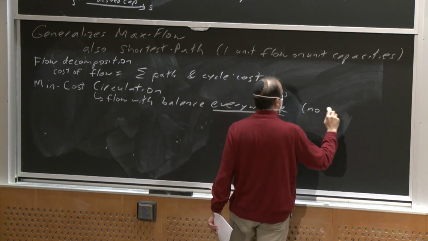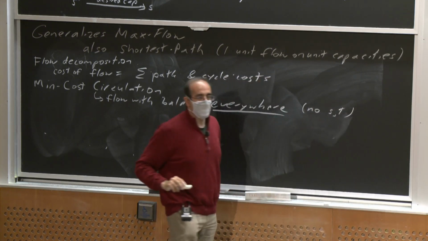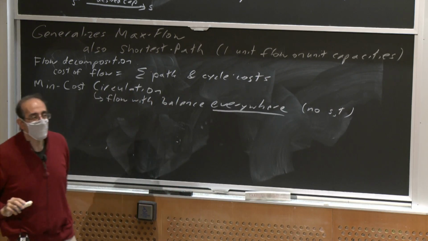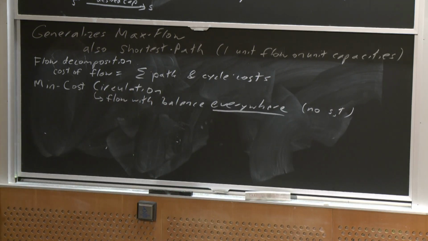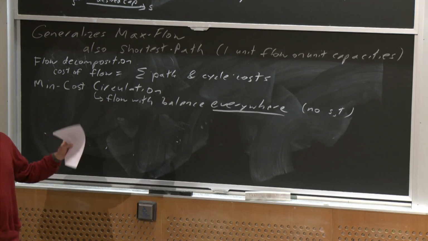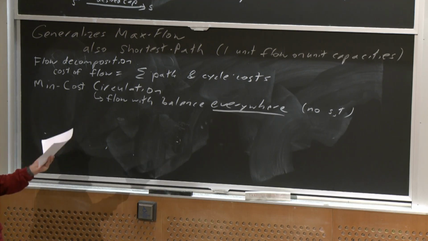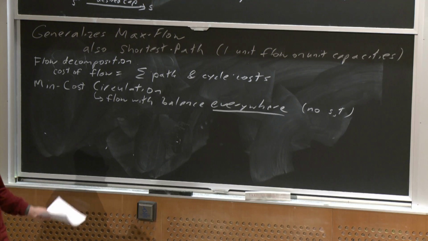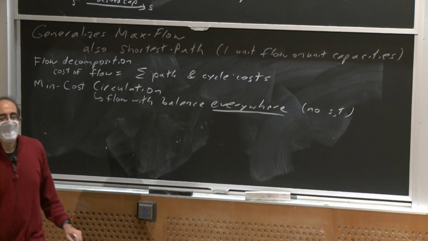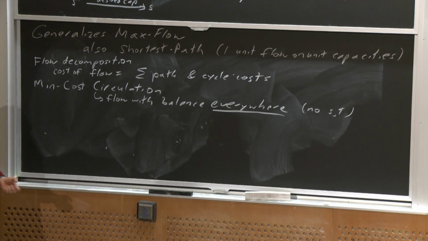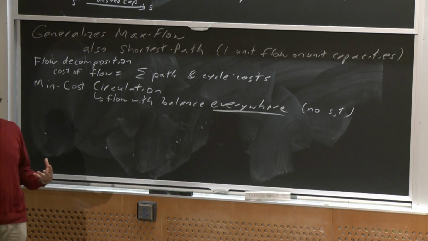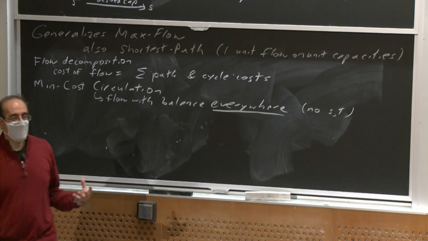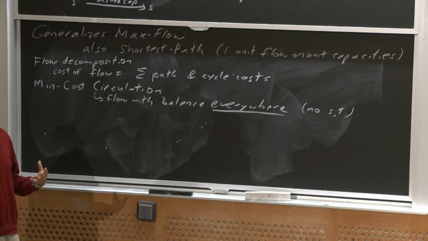So there is no longer a source or a sink. And when you're talking about max flow, circulations are distracting. They don't solve the problem at all. But once I introduce costs, min-cost circulation becomes meaningful. It's not trivial, and it's interesting.